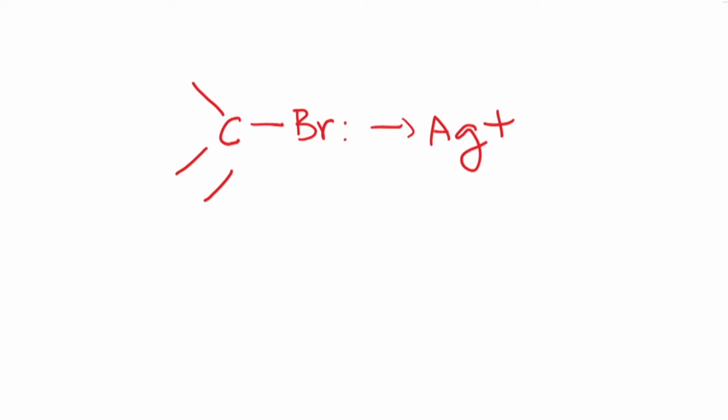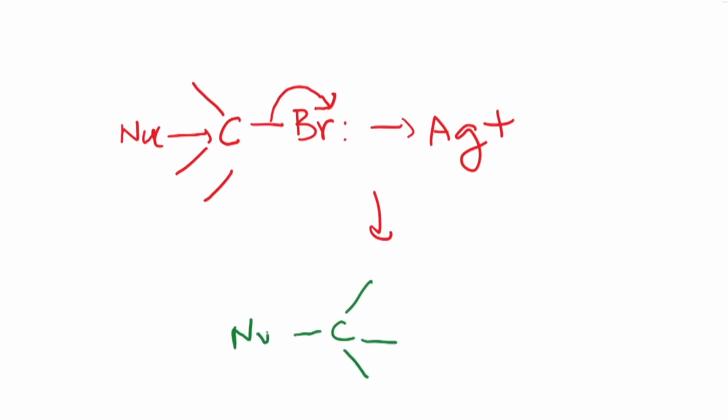When you have a carbon-bromine bond, it can react with Ag plus, and so the bromide is going to be lost. In the process, if there is another, let's say, nucleophile that attacks, then you're going to get an inversion in stereochemistry, plus AgBr.